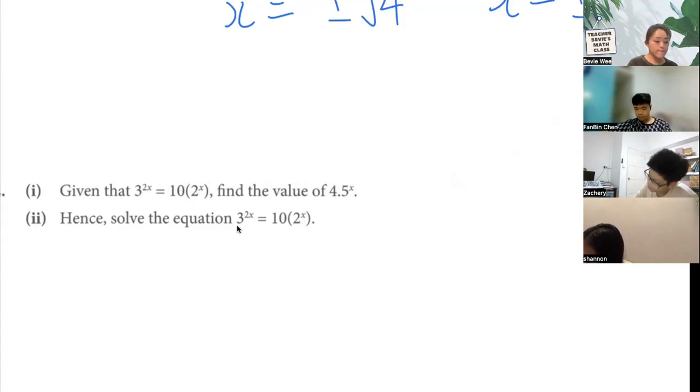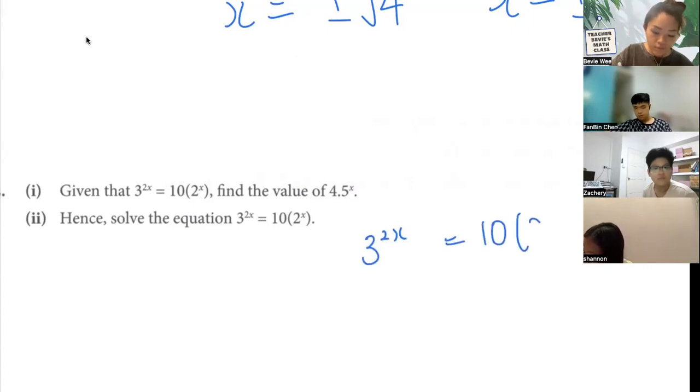So what can we do first? What can I do to this?